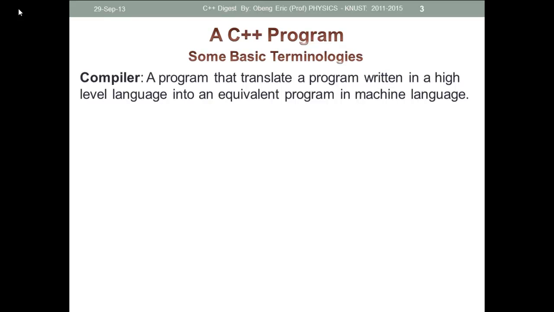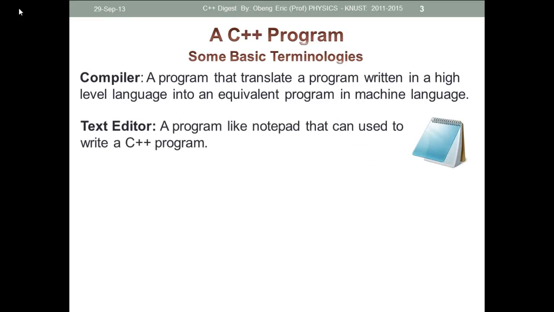So there is a program called a compiler. What a compiler does is translate a program written in any high level language into an equivalent program in the machine language. We have examples of compilers like the GNU compiler, Cygwin, and all other compilers.